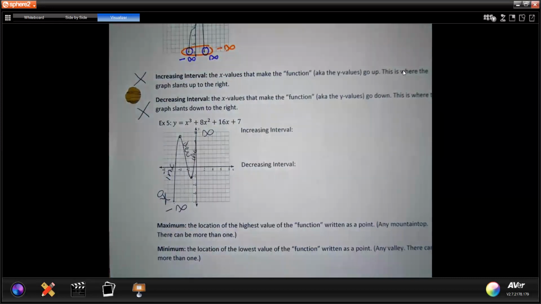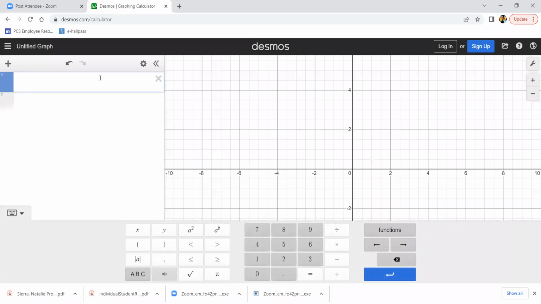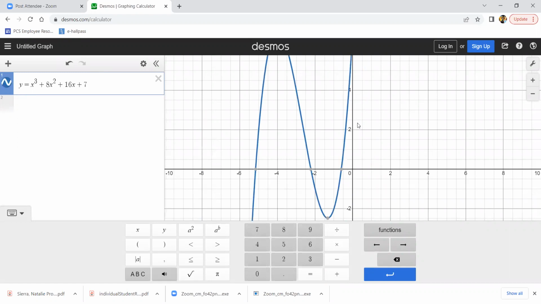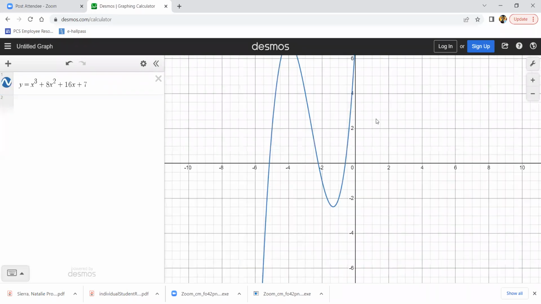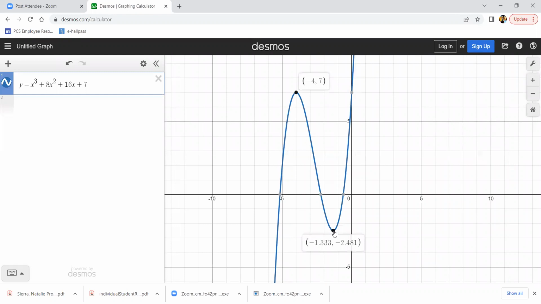So I'm going to go back to Desmos and type in the new equation. So y equals x to the third plus 8x to the second plus 16x plus 7, right? And I might need to zoom out a bit. Okay, and if you click on the points, they will show you.